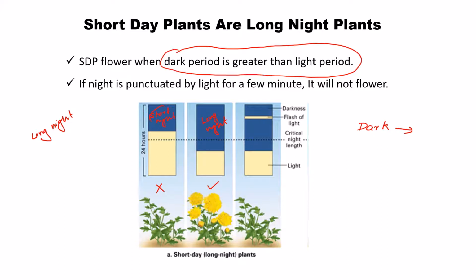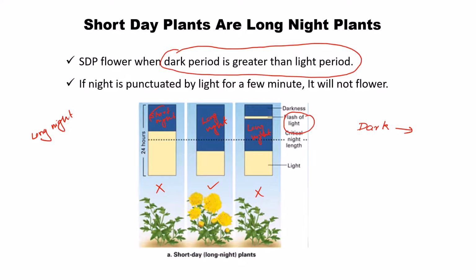Here also it is a long night, but it is not flowering. Why? Because here, in the middle of the night, a flash of light is given for a few minutes. It is a night break. That's why it is not flowering. If the night is punctuated by light for a few minutes, these short day plants will not flower.